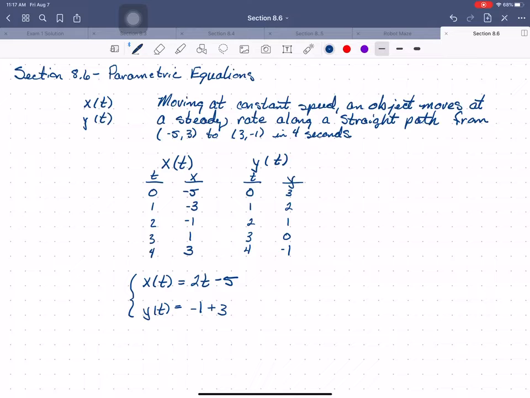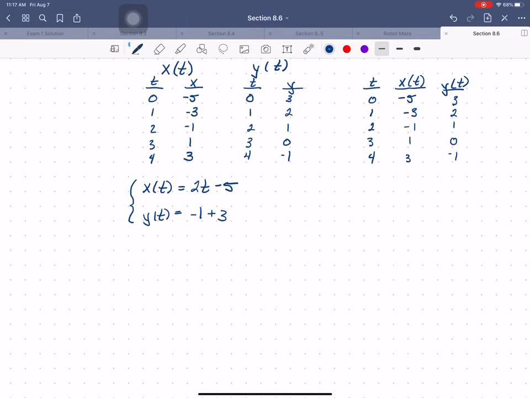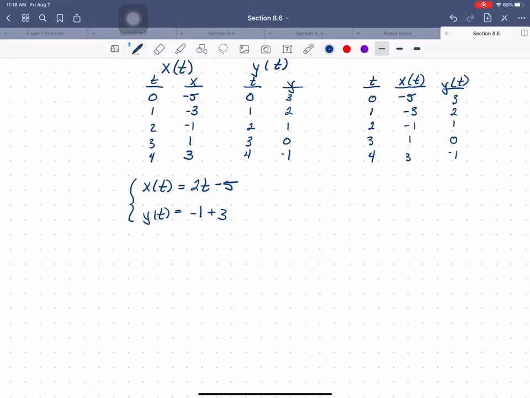And if I combine the two tables together, I can express this in a more compact form by just having one column for each variable. So now I've got all my data together, and we can do things like graph x, we can graph y.